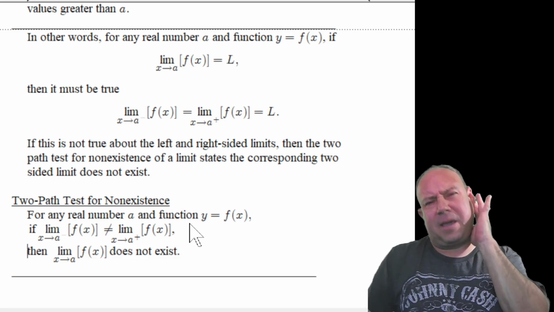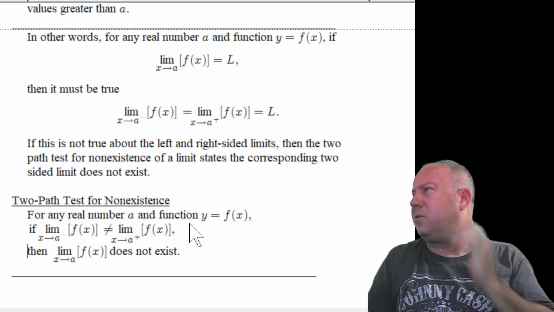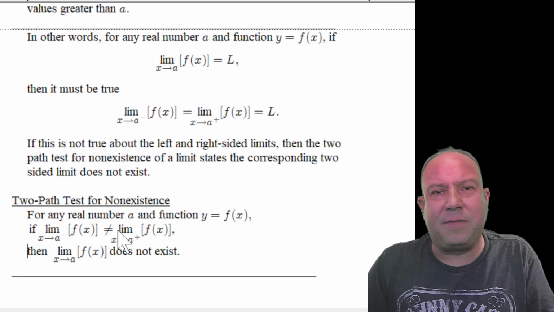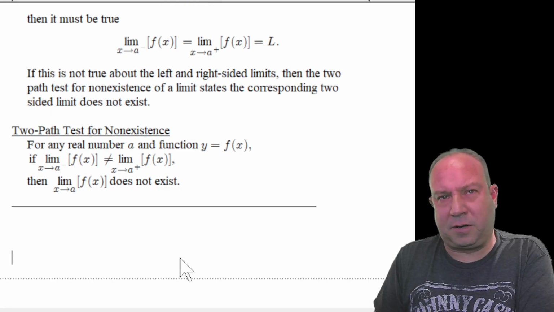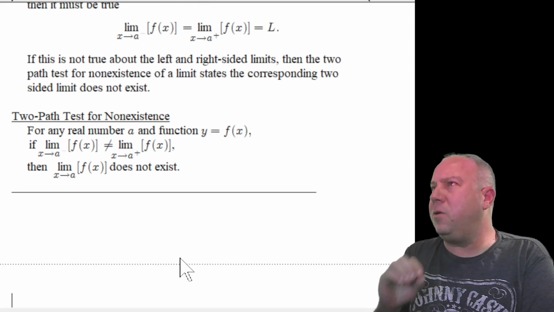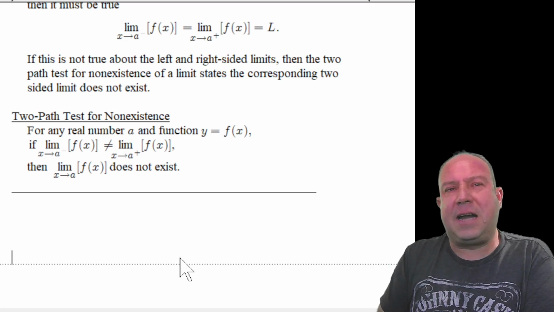I think I'm going to rewrite that at the end of the notes here. I just don't like how it spaces itself out there. So you might see that change a little bit, but let's not spend our time there. But that is known as the two-path test for non-existence.